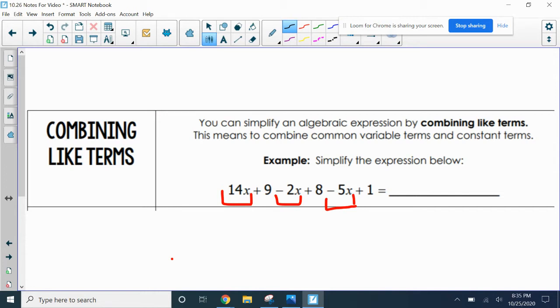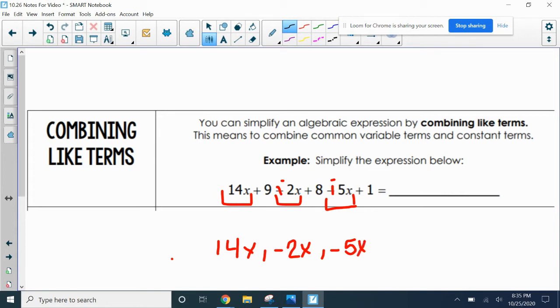In this example they've given us, we only have the variable x, but like we saw on the last page, we may have times where we have more than one variable. But I see a 14x, again plus a negative. I see a negative 2x, and again plus a negative. I see a negative 5x. So I have 14x, I have negative 2x, and I have negative 5x.